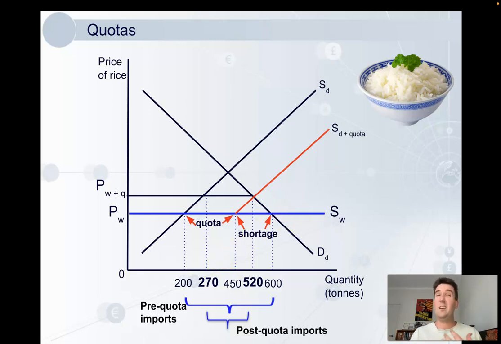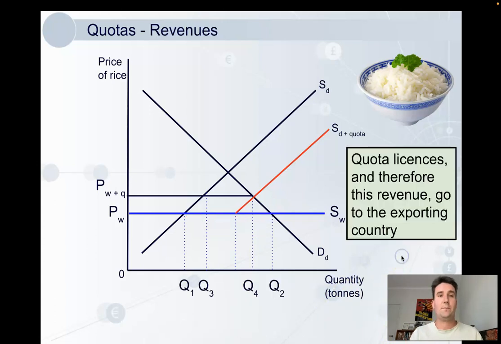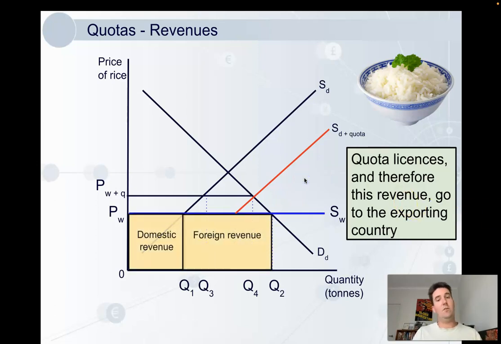Okay, now we can look at revenues and welfare again for each of these diagrams. Revenues. So, before the protection, revenues are as so, just like with the tariffs. As there is no tax, the government receives no revenue.